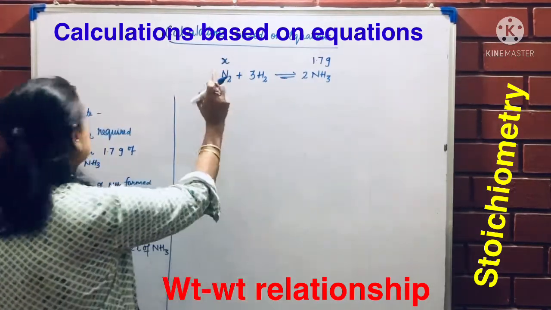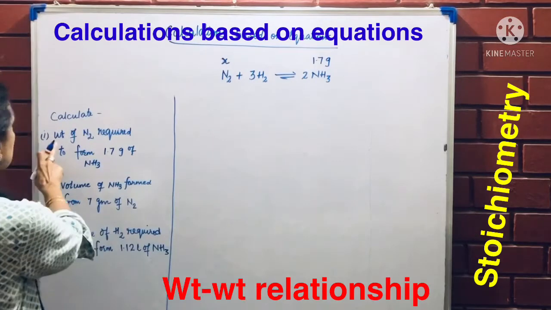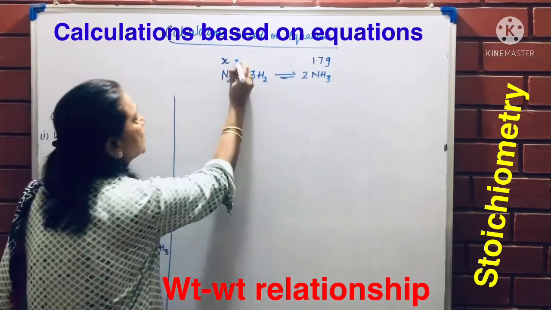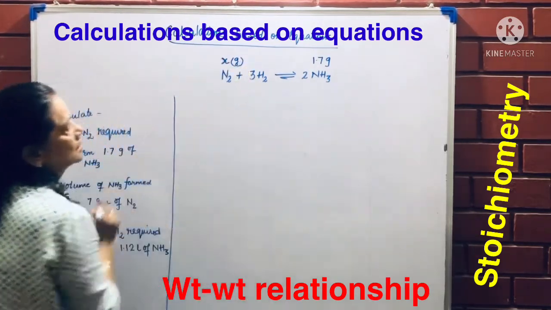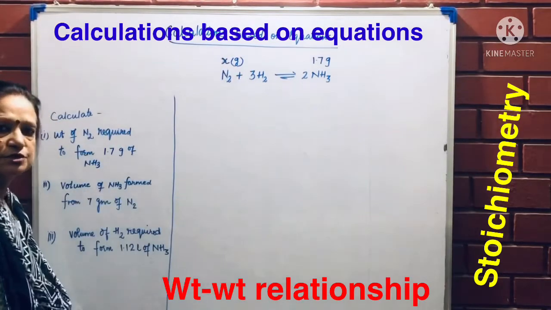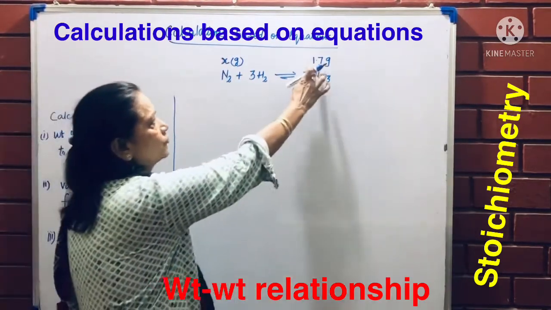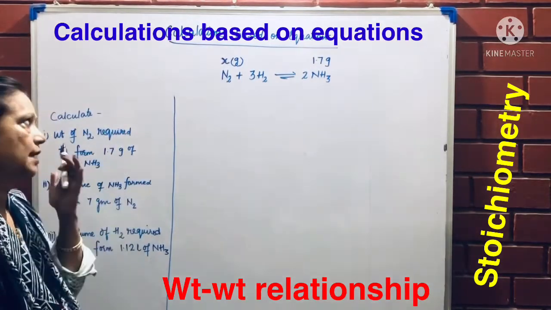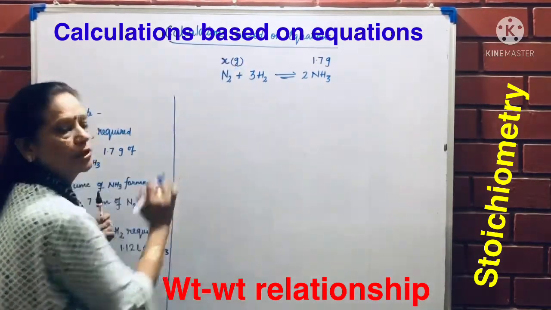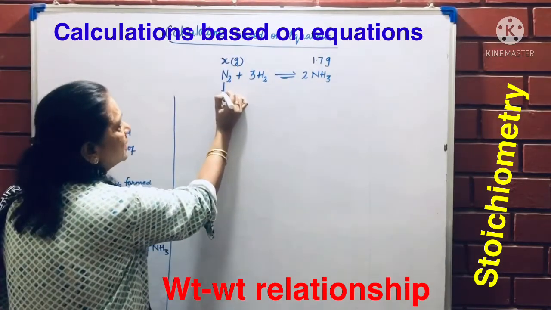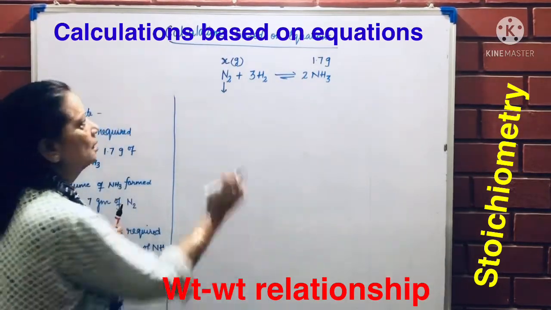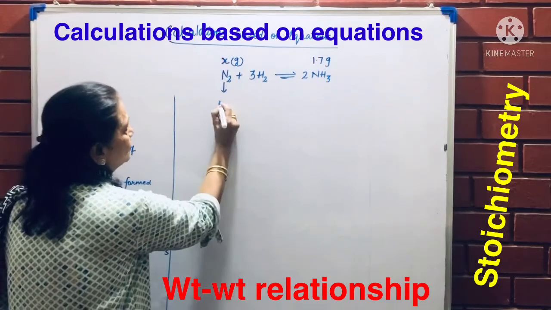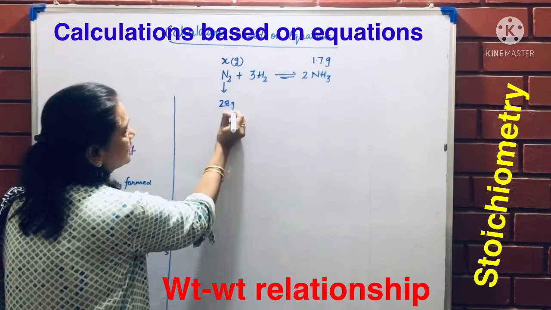So now it says calculate the weight of nitrogen. So write here grams, that the weight of nitrogen has been asked to form 1.7 gram of ammonia. Don't forget the units, write down that. If there is grams on top, we are going to find out the molecular weight here. So 14 into 2, which is 28 grams.